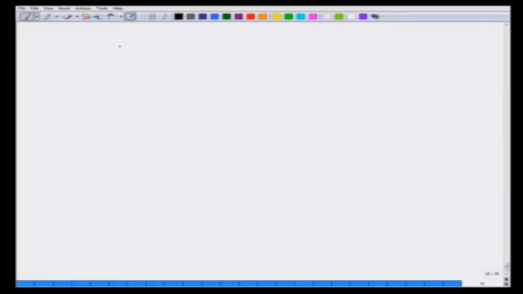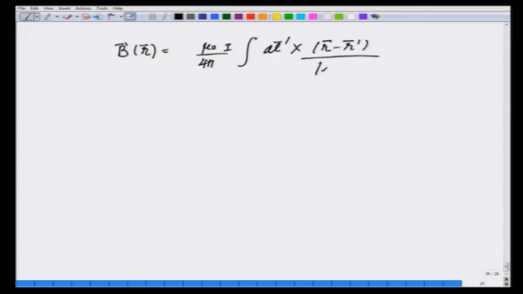So, when I have B(r) equals mu 0 over 4 pi I dL' cross (r minus r') over |r minus r'| cubed, let us calculate its divergence directly.